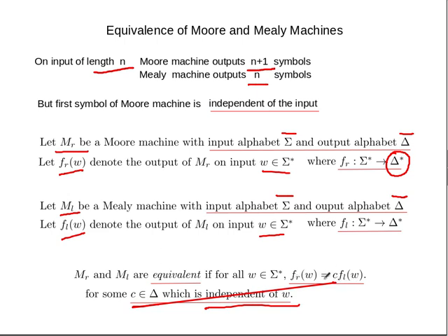If you remove C from the output of the Moore machine, the remaining n symbols should match with the symbols emitted by the Mealy machine. Then we say that these two machines are equivalent.